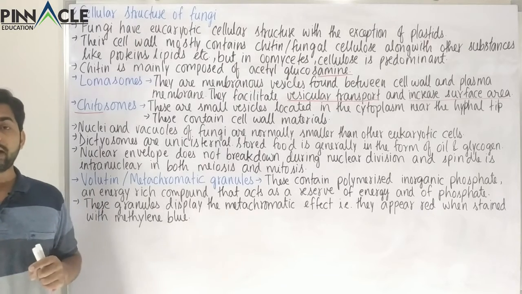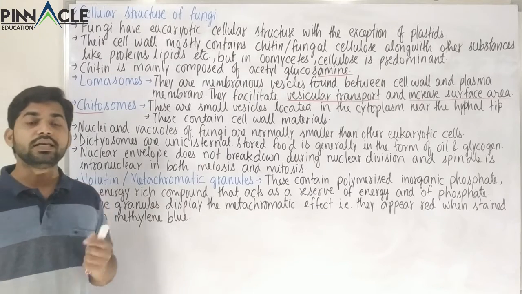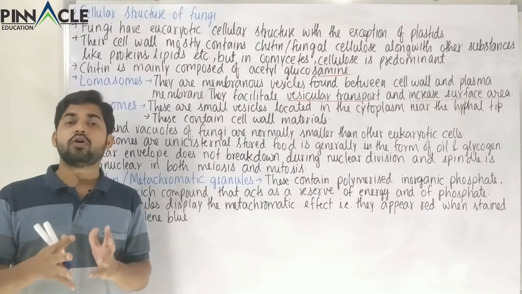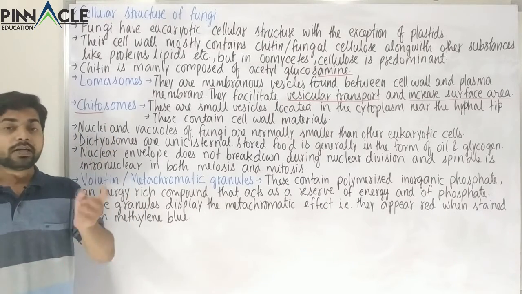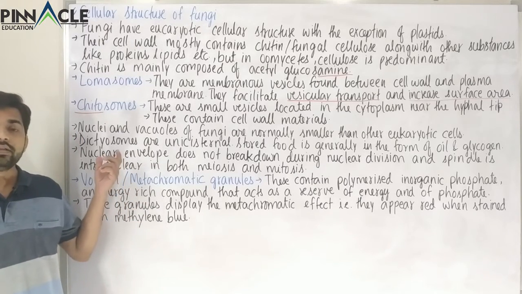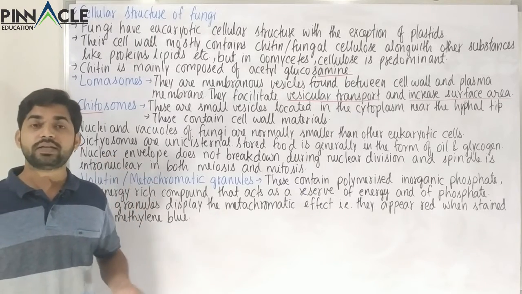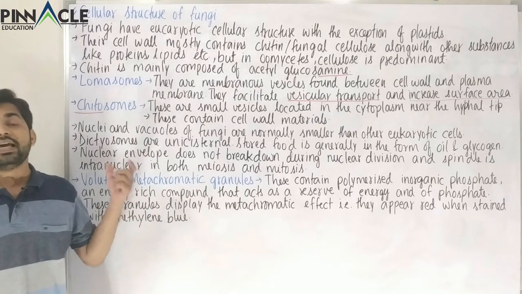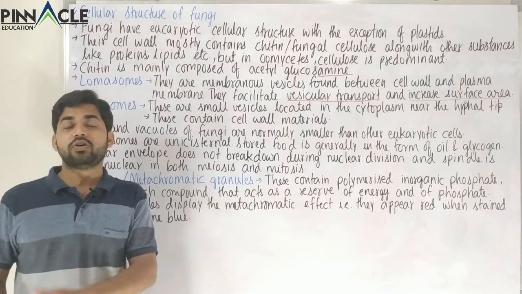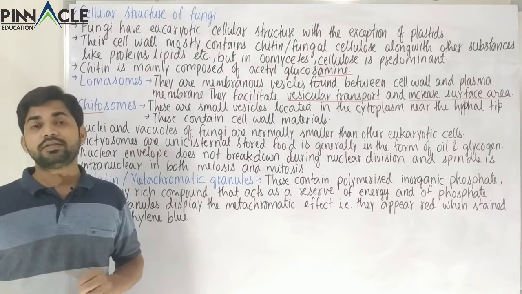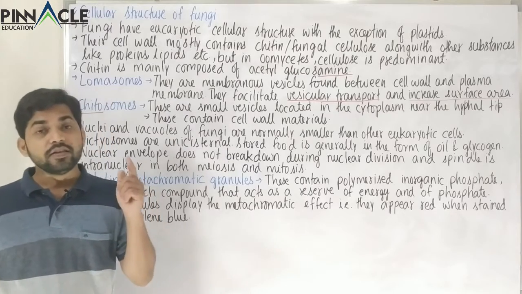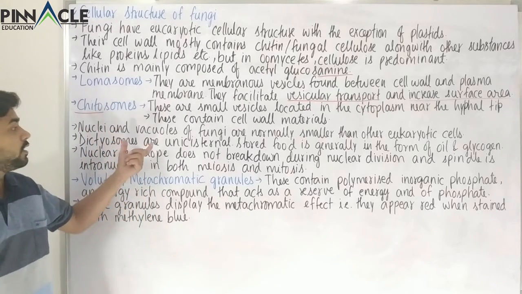And apart from that, the normal nucleus occupies the central or the major space of a typical eukaryotic cell, but not in the case of fungi. So the nucleus in the case of fungi is much smaller than a typical eukaryotic cell. So these are the two differences between a typical eukaryotic cell and a fungi cell, that is the nucleus and the vacuoles.